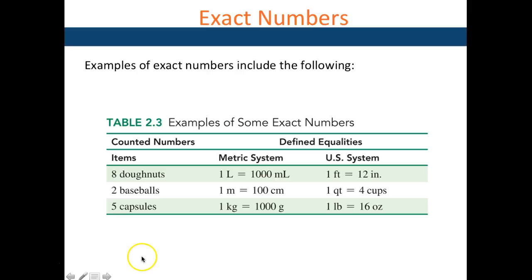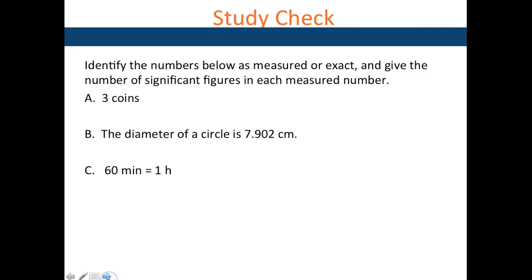So you have different types of equalities, as you can see here. These are counted numbers, these are measured numbers. However, they're defined equalities, so they're all exact. Which one is exact, which is measured, and if it's measured, how many sig figs? Sig figs are never taken with respect to exact numbers, because there's no need to have sig figs with respect to exact.